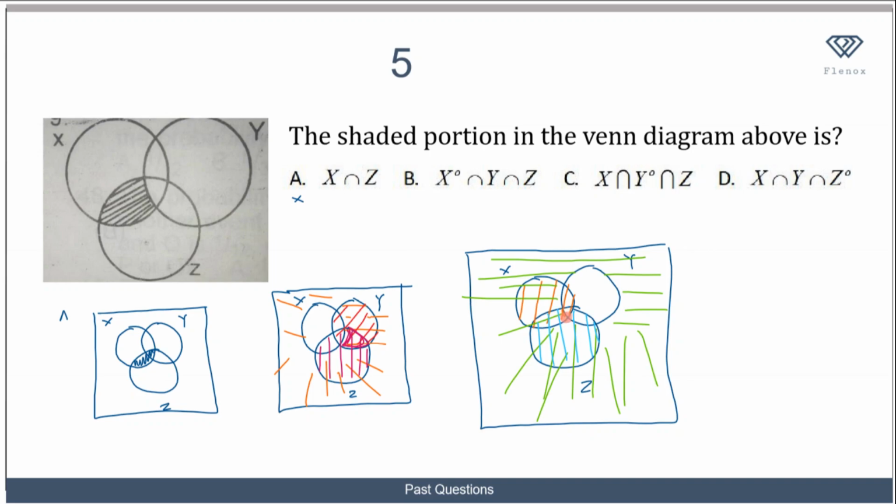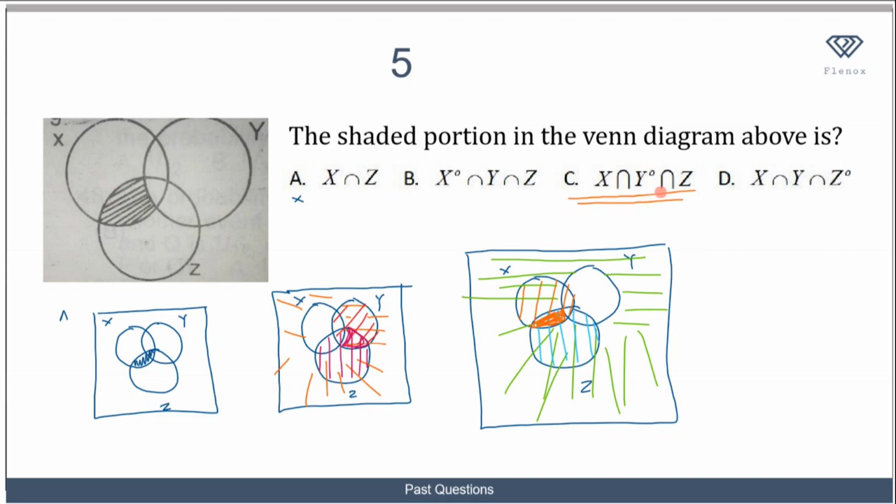So this represents the intersection of the three, and this region here is what is represented by X intersect Y not intersect Z. That bears a striking resemblance to the question that is given. As you can see, this tiny portion is not shaded, and here also the tiny portion is not shaded. So the answer to this question is C.